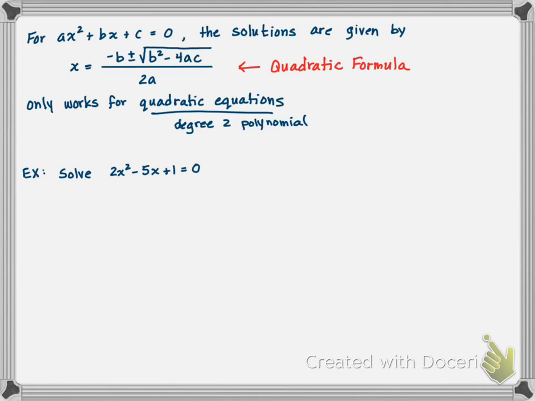So that's all true, which means I can use the quadratic formula. Personally, I would try to factor first, but I see that AC is 2, that B is negative 5, and this can't be factored. So I'm going to say A equals 2, B equals negative 5, and C equals 1.